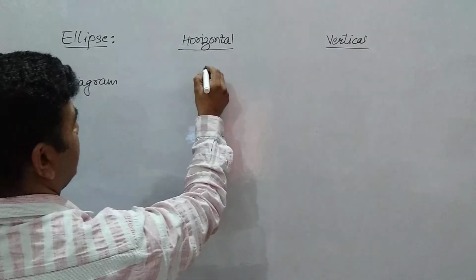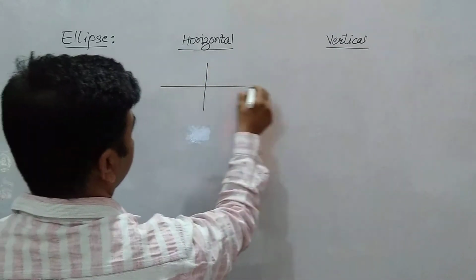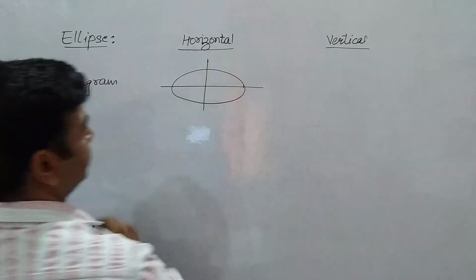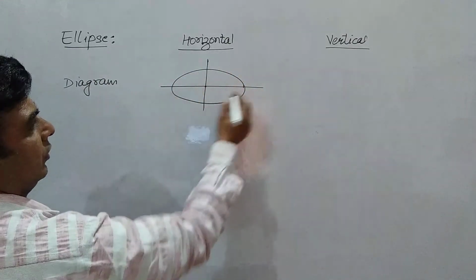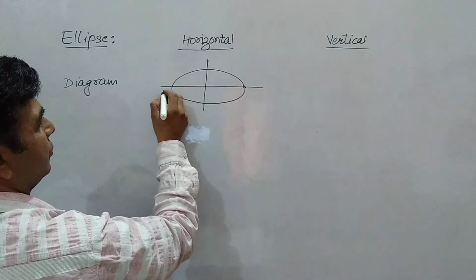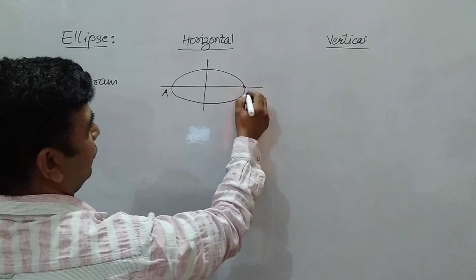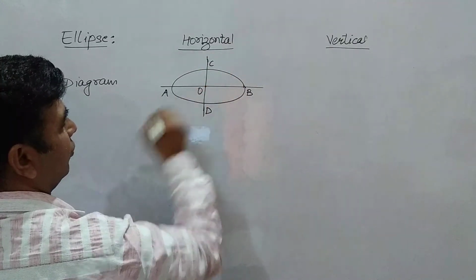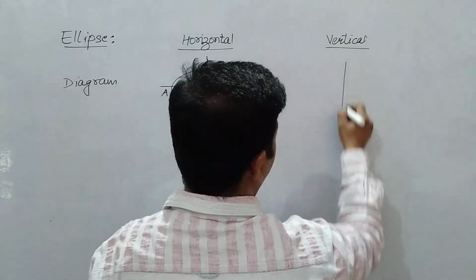So a horizontal ellipse is always like this. This is your center, these are the vertices, this is your A and this is point B, let this be C, this is your D, this is origin O, and a vertical ellipse is always like this.